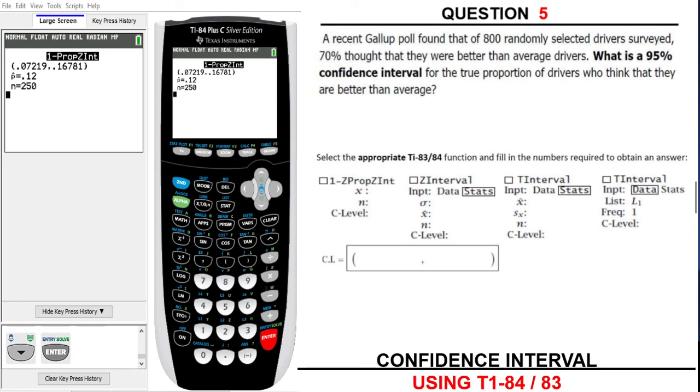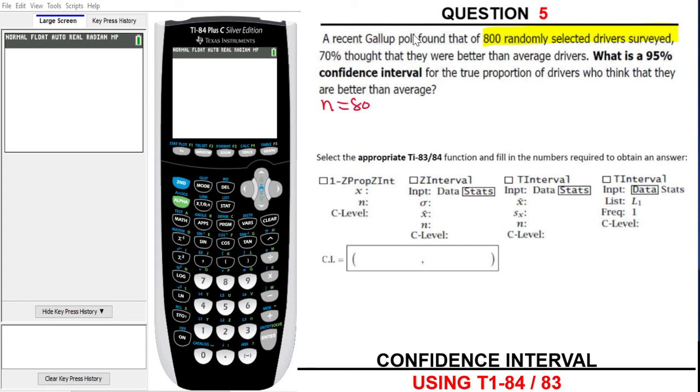Okay, so question 5. The question says that a recent Gallup poll found that 800 randomly selected drivers were surveyed. So 800 random, which is telling us that our n is 800. And then what did they find?